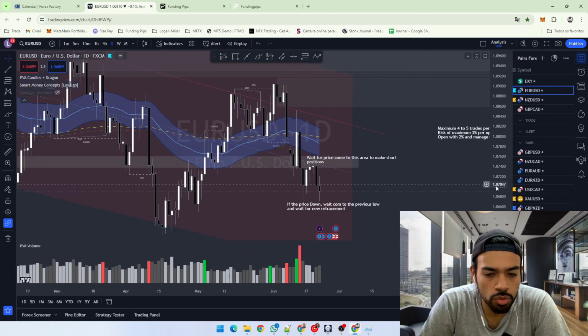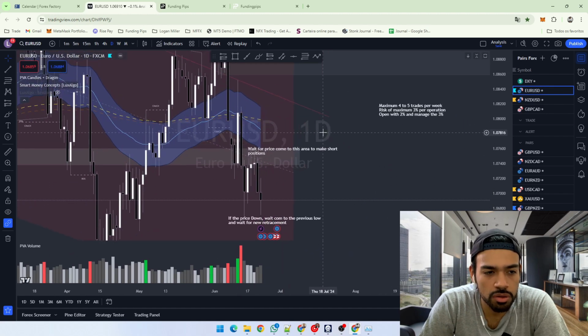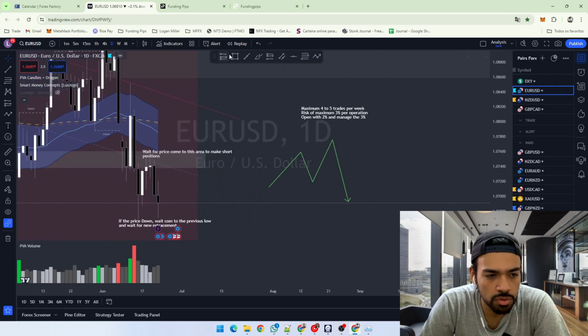When the price comes to this area, I will look for short positions, and I look for positions when we have this pattern right here. If I want to go short, I look for this pattern, and I make my entry in this area right here.